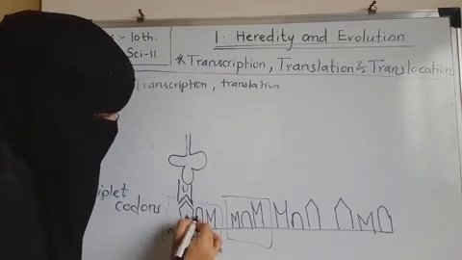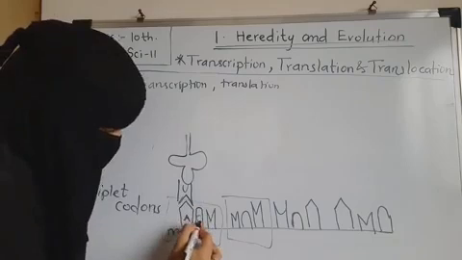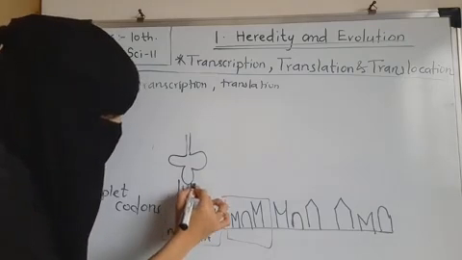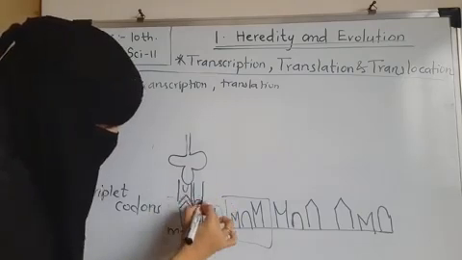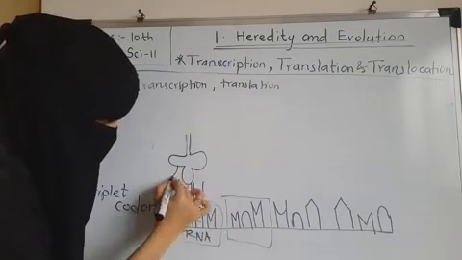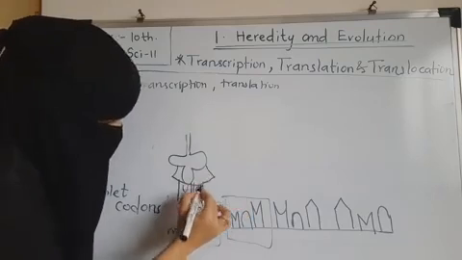Here, if the codon has, say, C, then the anticodon will have G, right?